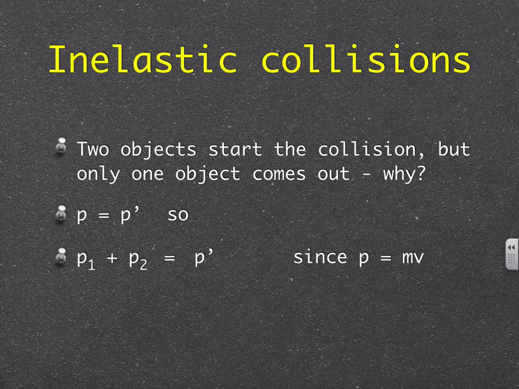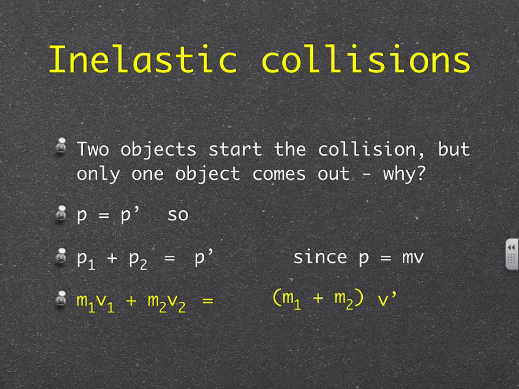Since P equals MV, P1 is going to be M1 V1, P2 is going to be M2 V2, and P prime, of course, is going to have some V prime velocity, but what is its mass going to be? It's going to be what? Yeah, both objects together. How do we mathematically say both objects together? We add them. So we're just going to have M1 and M2 added together because once they're stuck together, they're going to move together.